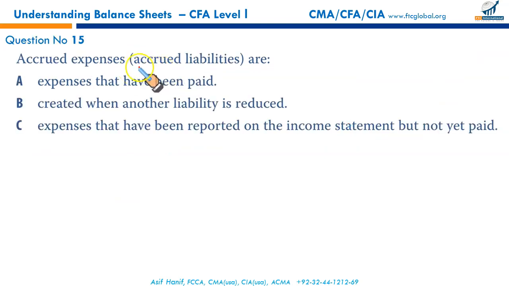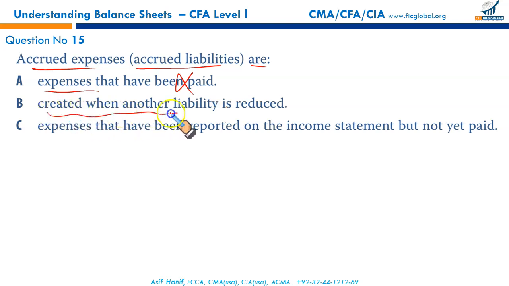Accrued expenses and accrued liabilities are what? Accrued expenses are the expenses that have been incurred but haven't yet been paid. Salary due, wages due, rent due, insurance due, many expenses. They are due, they have been incurred but haven't yet been paid. They are called accrued expenses or accrued liabilities.